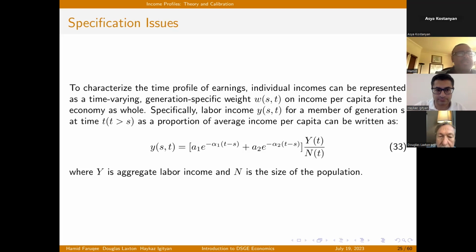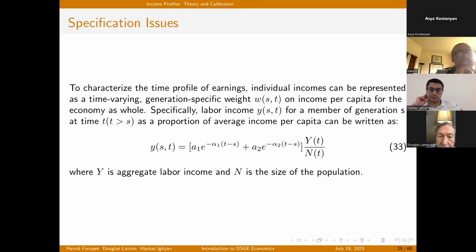So what we would do here is look at a relative income profile. You can think of a relative income profile as the individual income profile, a set of coefficients with these two exponential functions, as a factor of aggregate labor income per capita, the average income per capita. And you can think of individuals as being above or below that average income per capita based on that function, based on their age.